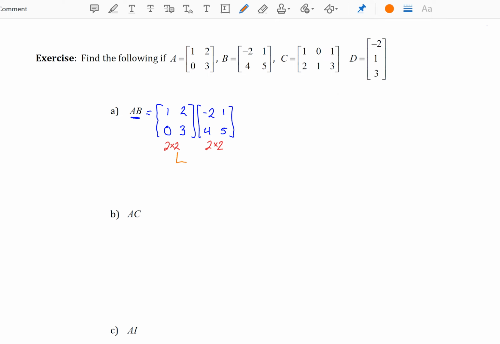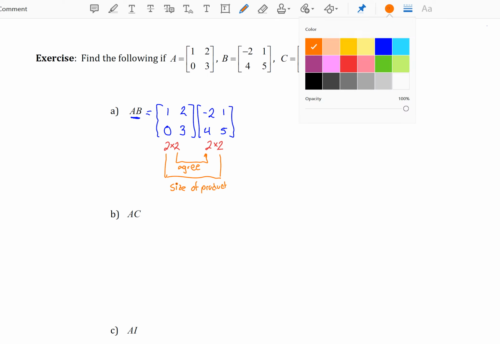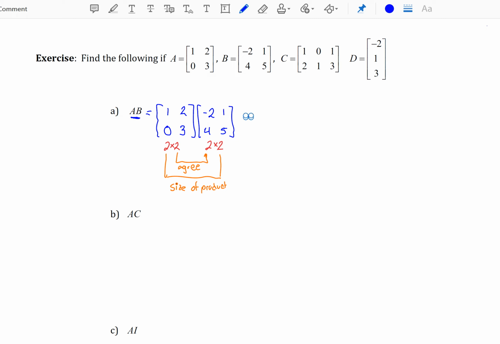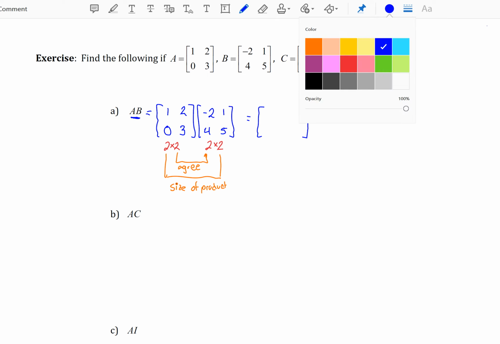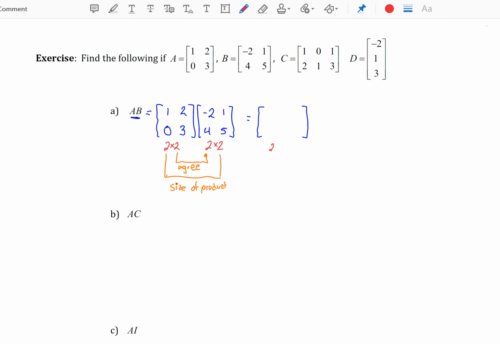Because the inner dimensions agree, we're allowed to do the multiplication. The outer dimensions, remember, tell us the size of our product. So we know when we multiply this together, we're going to come up with another matrix that must also be a 2 by 2 matrix.